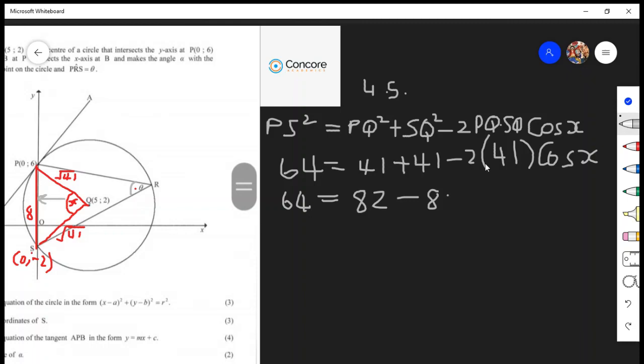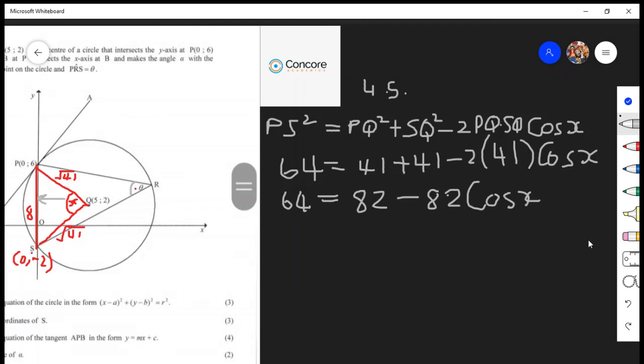Do you guys want me to substitute everything individually and do the long way? Okay. So that's going to be negative 2 times 41 is negative 82 cos X, right? Does everyone understand so far?